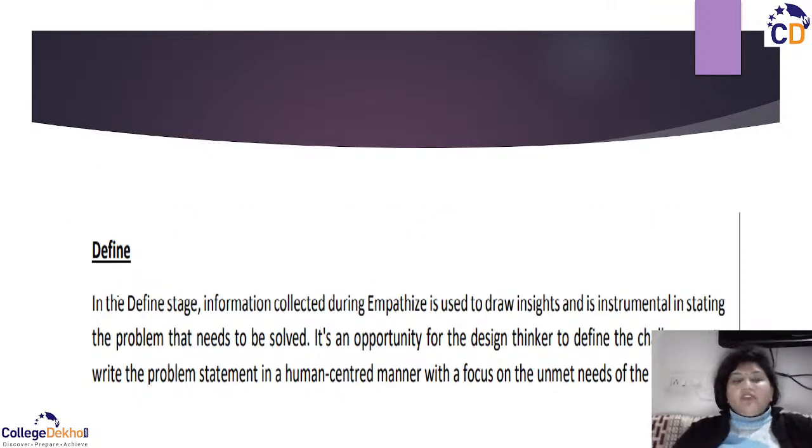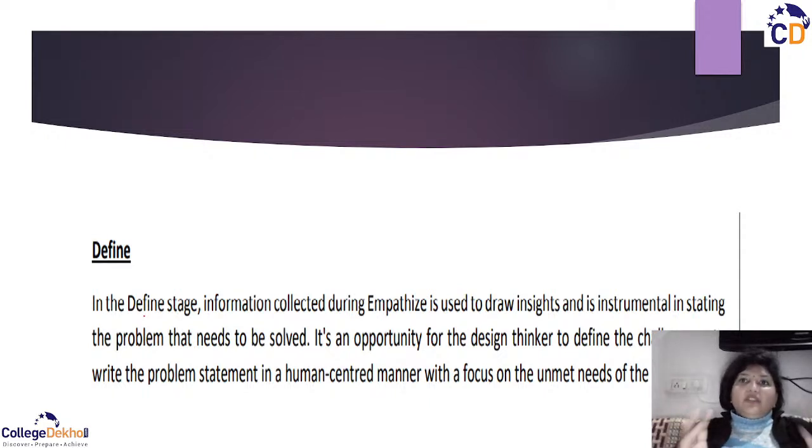Then we have the define phase. In the define phase, once you have put yourself in someone else's condition and tried to understand what problem the person is facing, in this particular stage you can now use the information you have collected in the empathize phase.